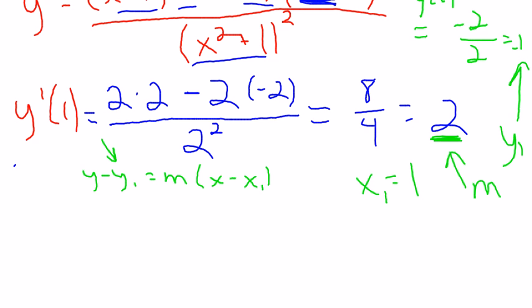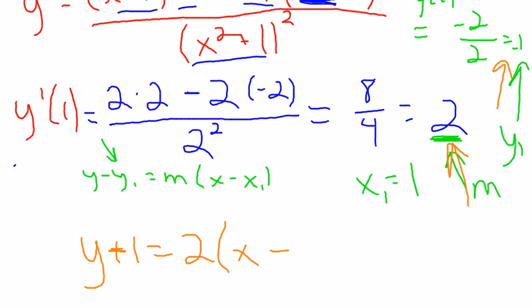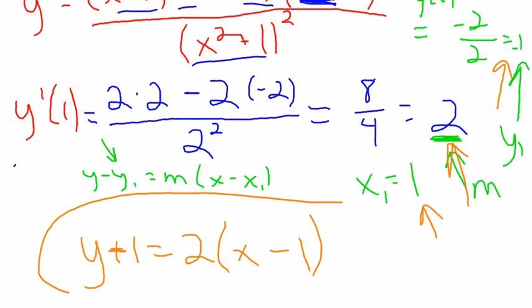So my final answer, may as well change colors one more time, is y minus that, so that's plus 1, equals m, which is that, 2 times x minus that, which is just 1. And that's my answer.